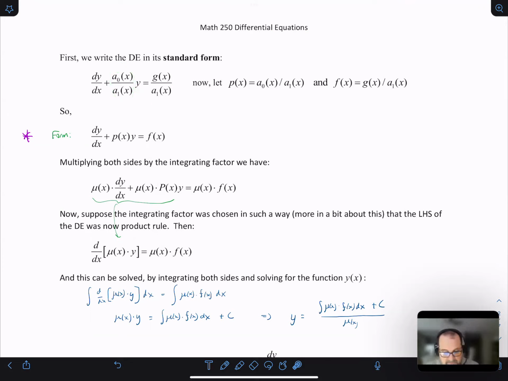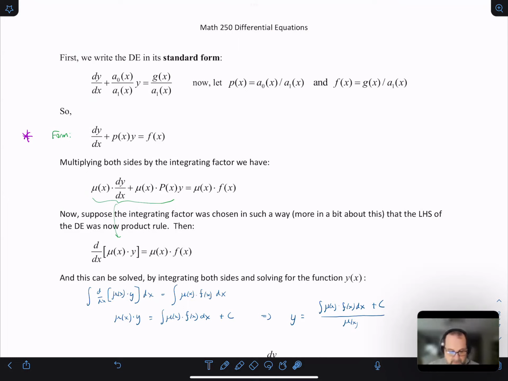These are just functions of x, which we will now call p and f. So this is our standard form, where we have dy dx plus p of x times y equals f of x. This is where these questions will start: we start by converting whatever our dE is into its standard form. So this is something to practice on.